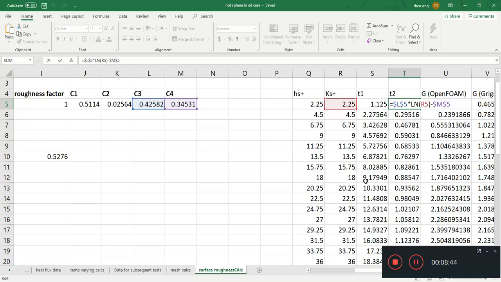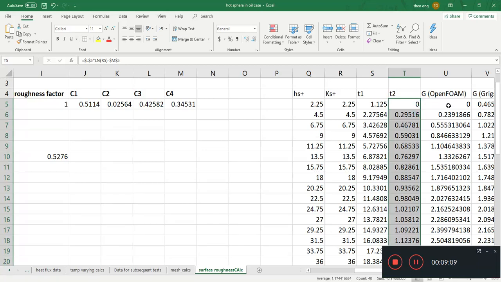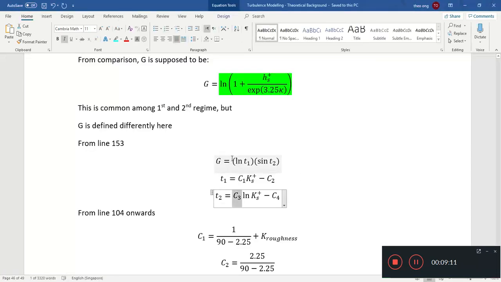So C3 times the natural logarithm of R5, which is the Ks plus, where C3 is in L5, minus C4, which is found in cell M5. Again, I use F4 to lock both of these cells and press enter. After that, it's pretty easy from there in Excel or whatever spreadsheet program you want.